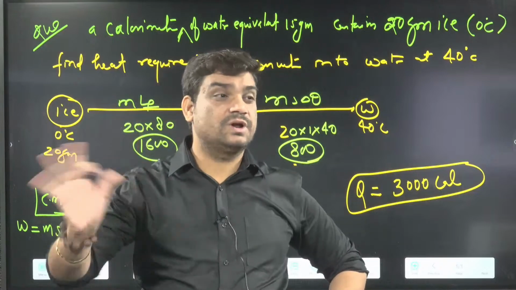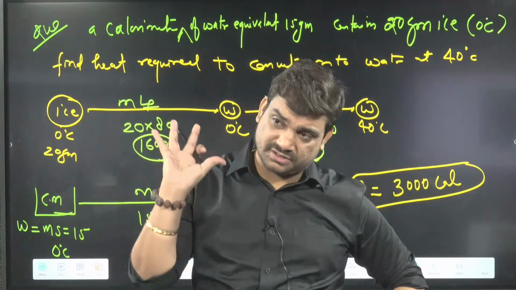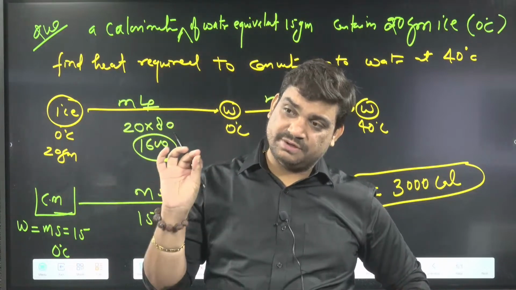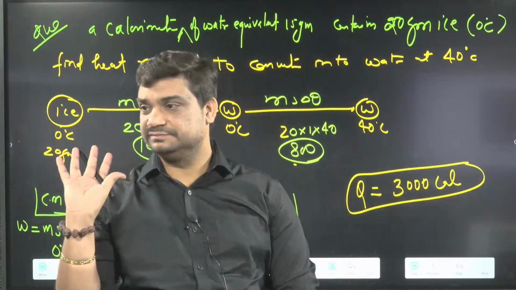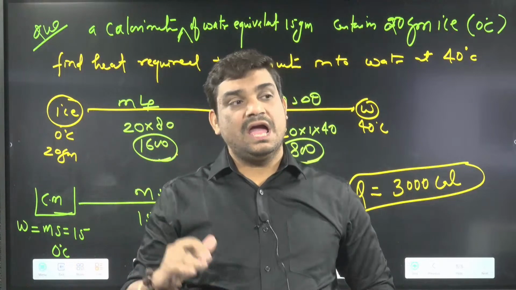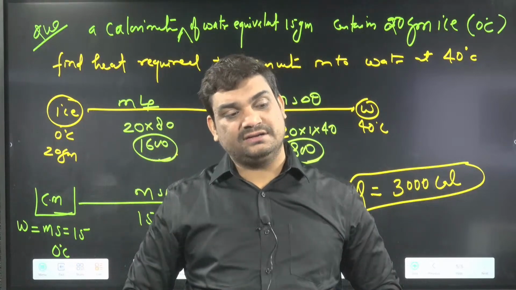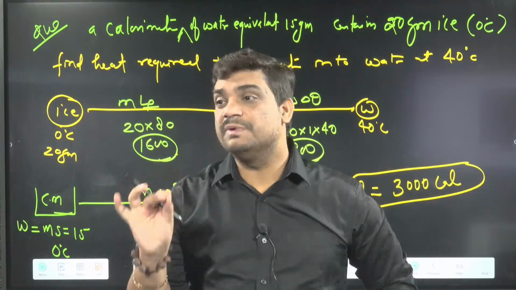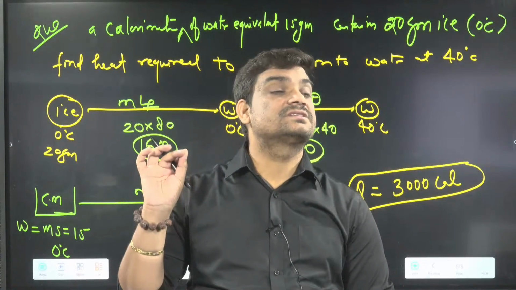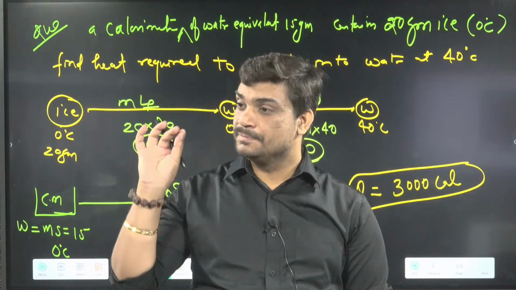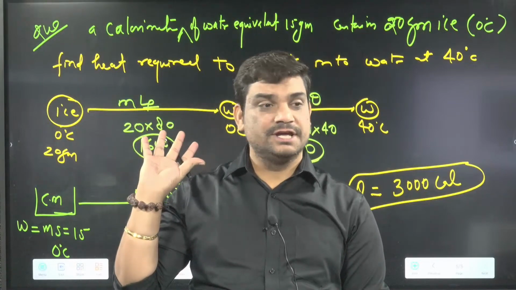At 100. Before 100 vaporization will not start at all. And at what temperature will melting start? Melting will start at 0 degrees Celsius.